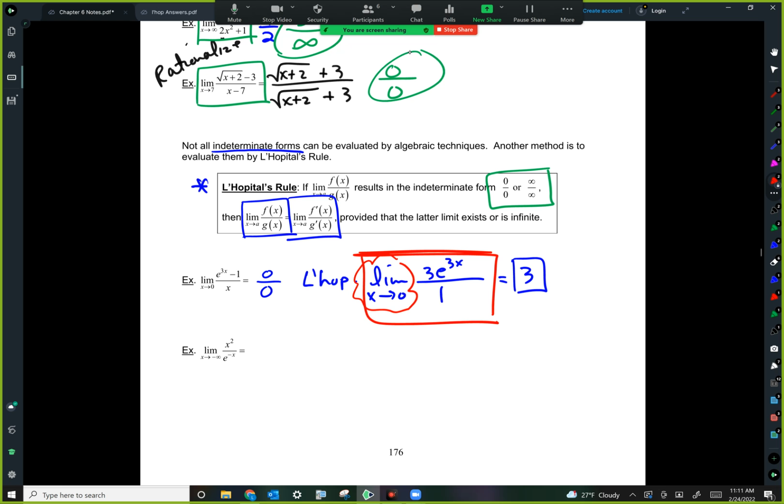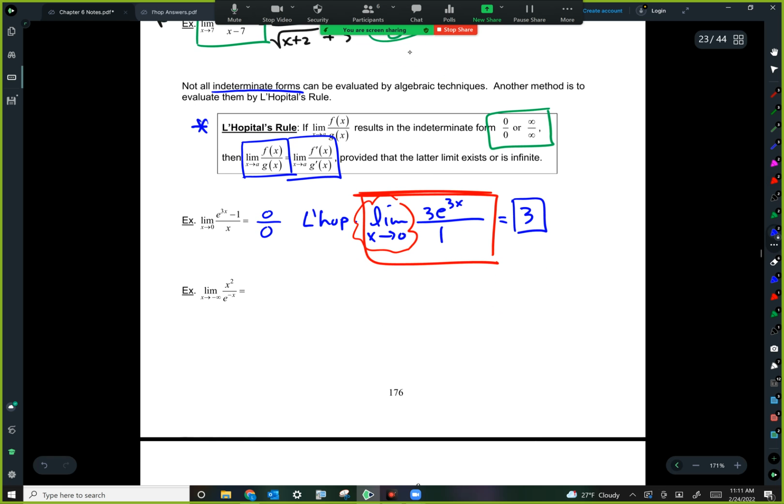Okay, so look at the second example. First of all, can I substitute in negative infinity? Well, what is negative infinity squared? Isn't it just positive infinity? And in the denominator, if I put in negative infinity, I'm going to have e to the negative of negative infinity, which would be positive.